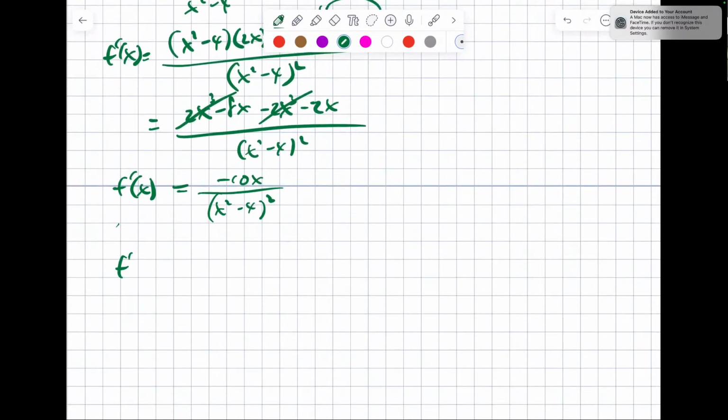Now, f double prime of x is going to require the chain rule and the quotient rule. So it's very good derivative training. You have to be able to do the boring part. The boring part is very, very important.